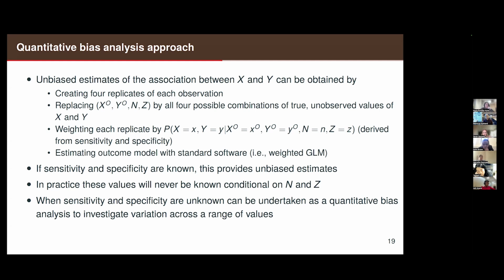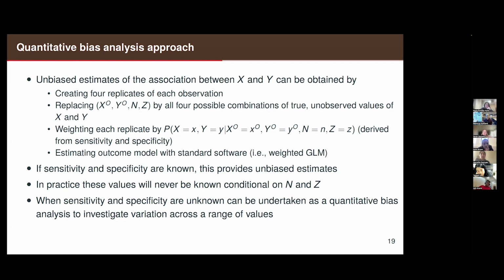And the result that we get will be an unbiased estimate of the parameter of interest if our weights are correct. So if we actually know what the probability of that X and Y are, conditional on the observed X* and Y* and utilization intensity and baseline covariates.